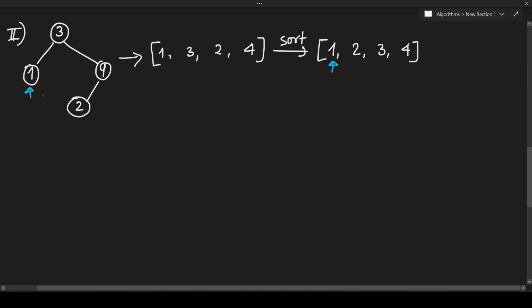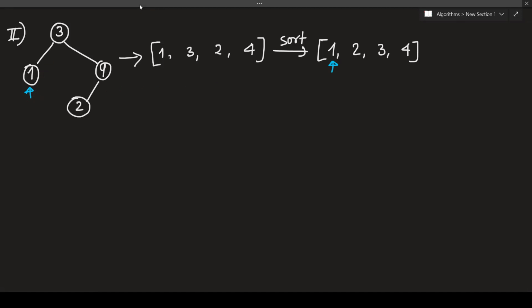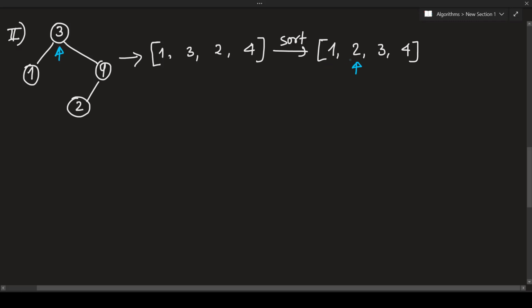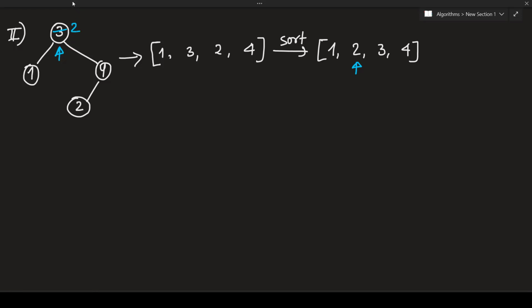Obviously, because of the in-order traversal, is this value matching with its corresponding value? Yes, it matches. So let's move to the next node. Is it matching with its corresponding value? Whatever value has to be there is not there. Okay, so we need to change this node value to 2. So let's do that, give it 2, and move to the next node.